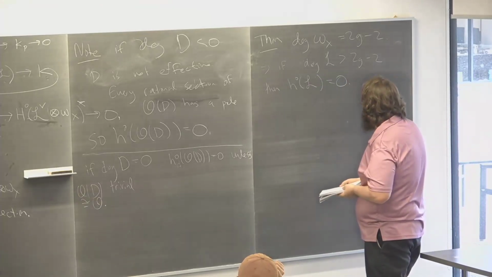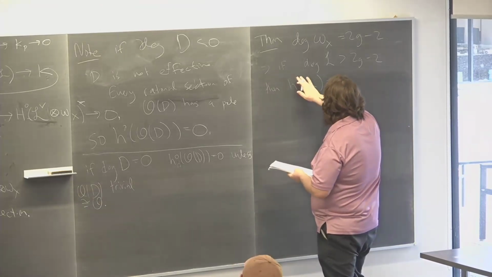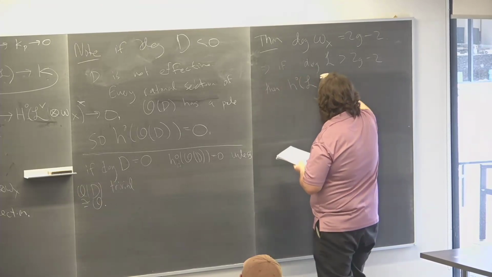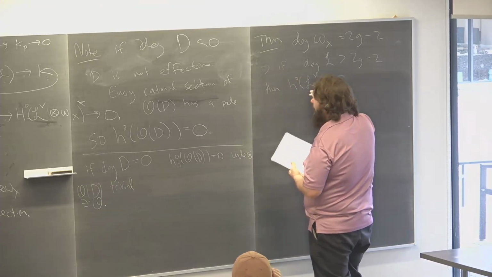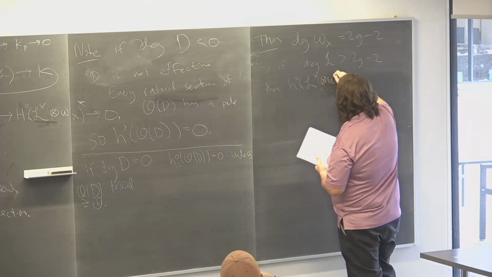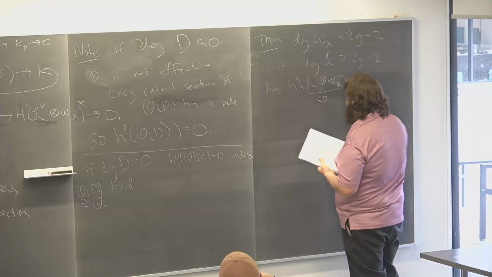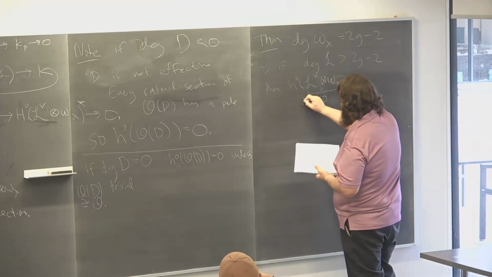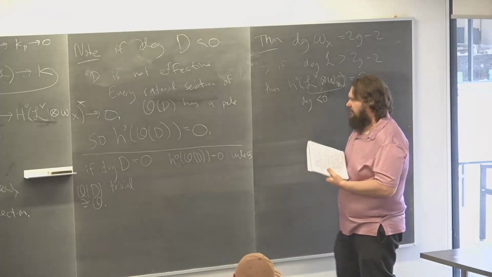Okay, so what does this tell us? Not H0, sorry, H0 of L dual. So now L dual has degree less than minus 2G minus 2. So when I tensor it with the canonical bundle, this all has negative degree. So this has no sections.